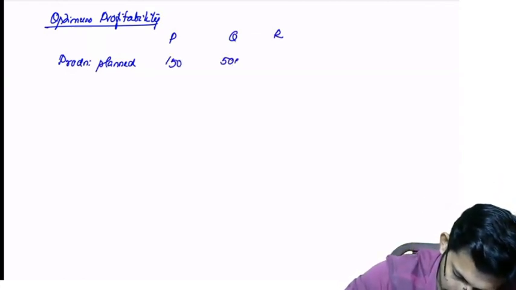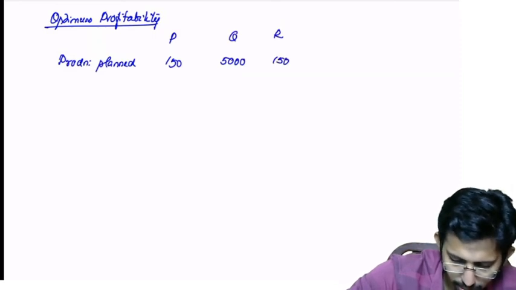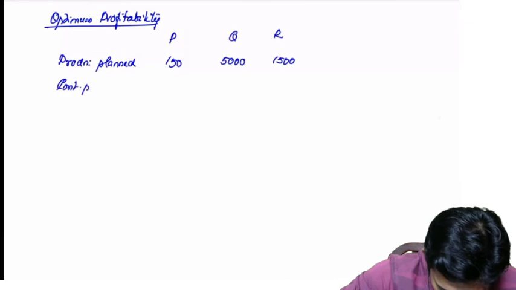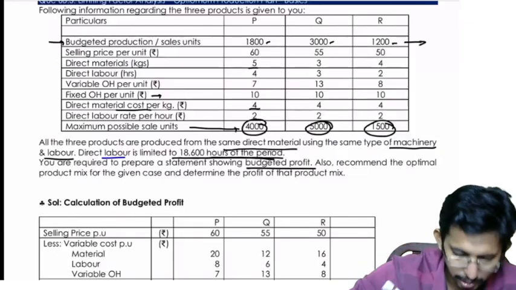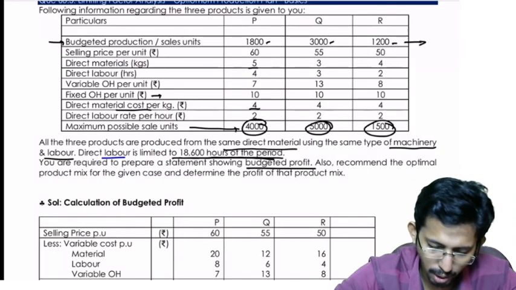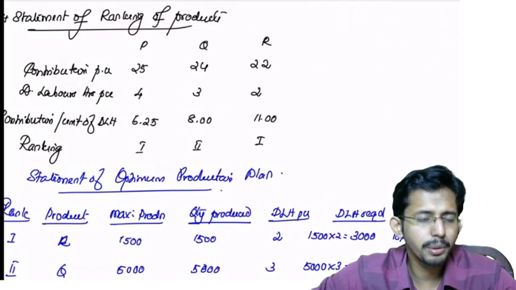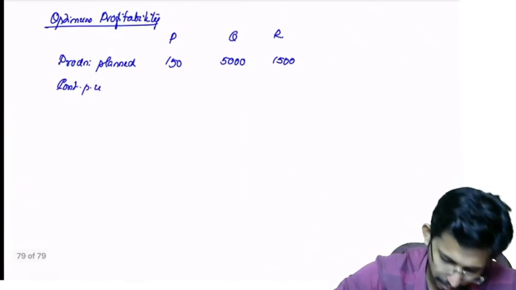150, 5,000, 1,500. Okay, you have already computed contribution per unit. Not per unit, the limiting factor, it is contribution per unit. How much did you compute? 25, 24, 22.